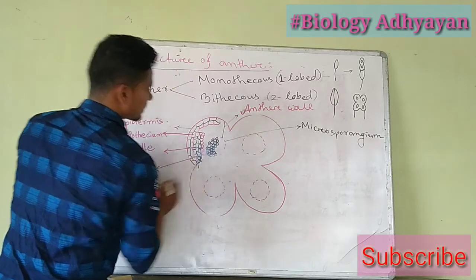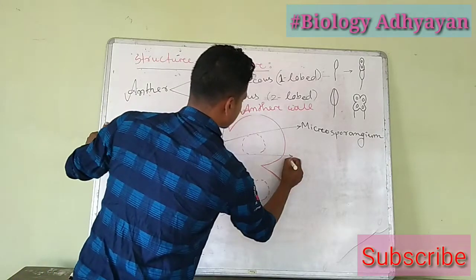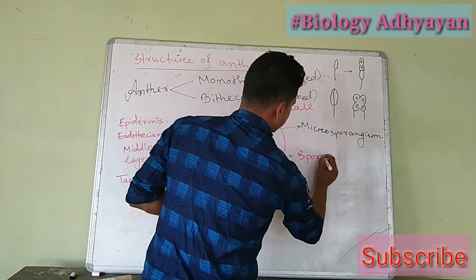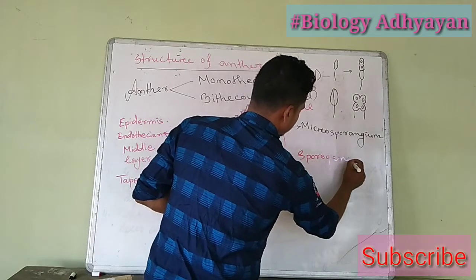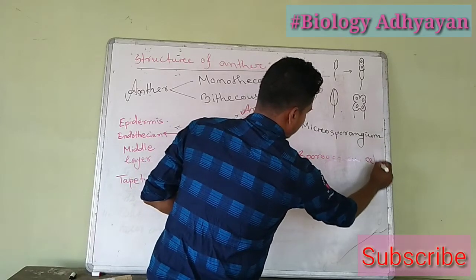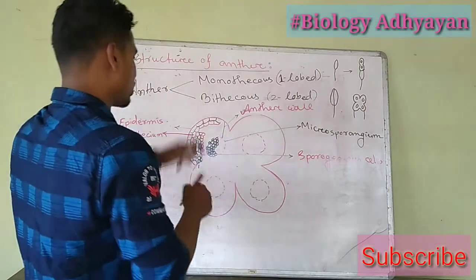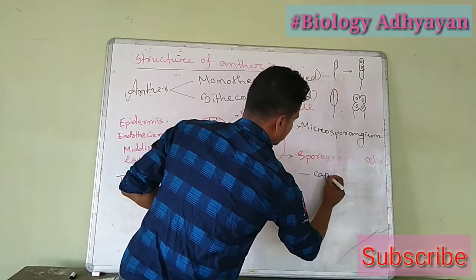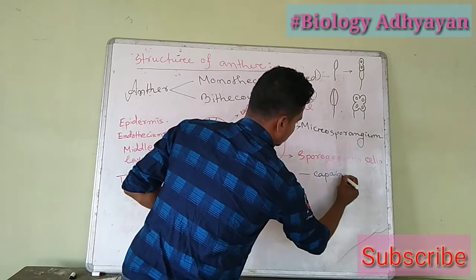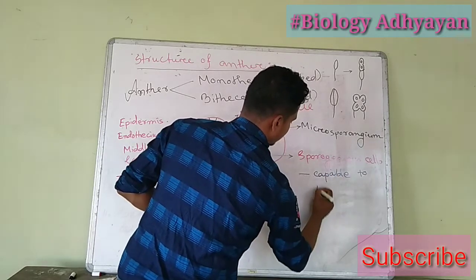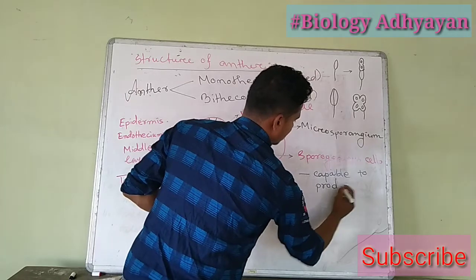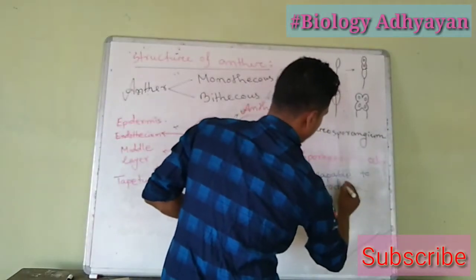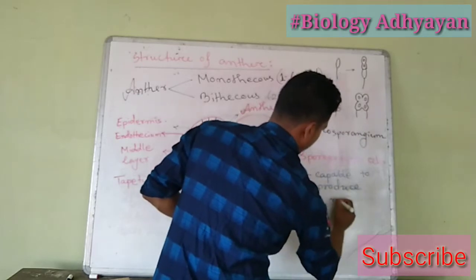These cells are known as sporogenous cells, and the sporogenous cells are capable of producing microspores.